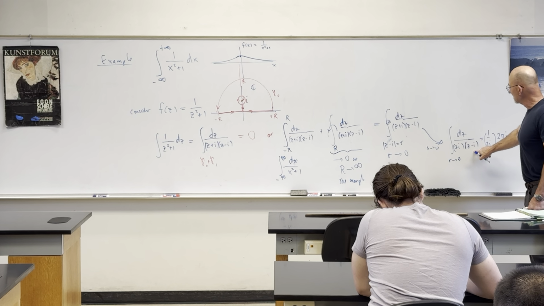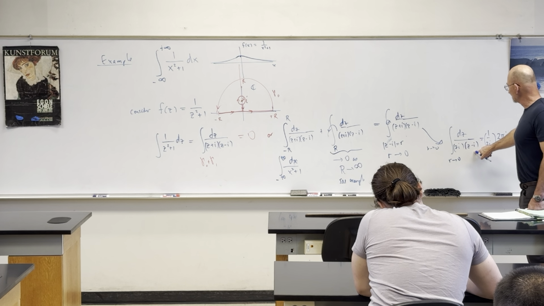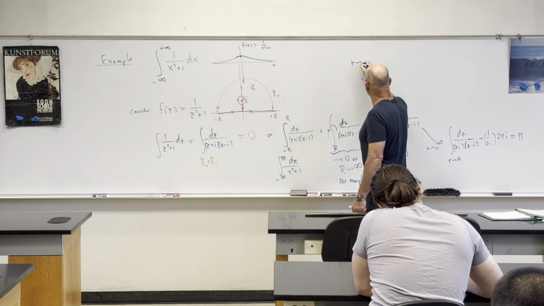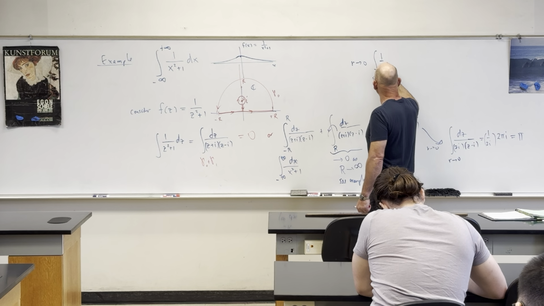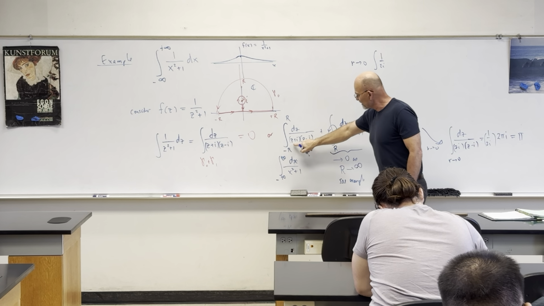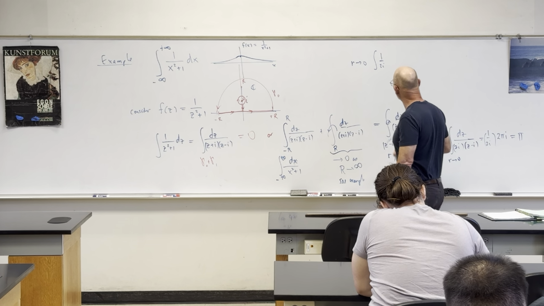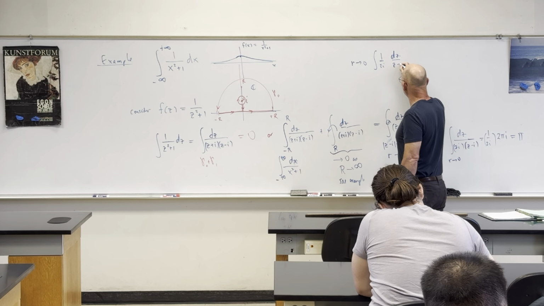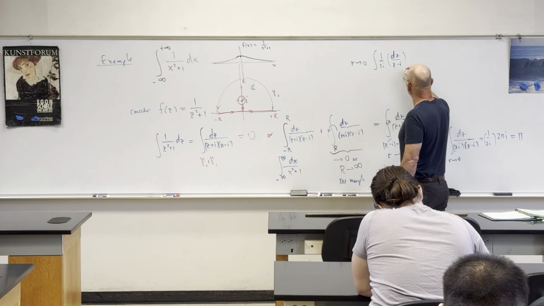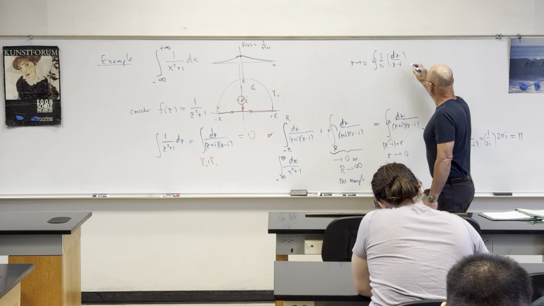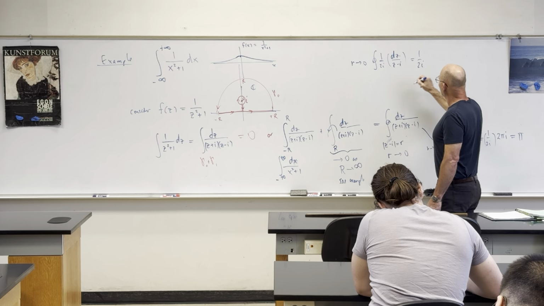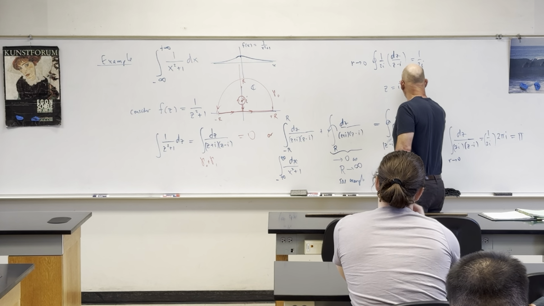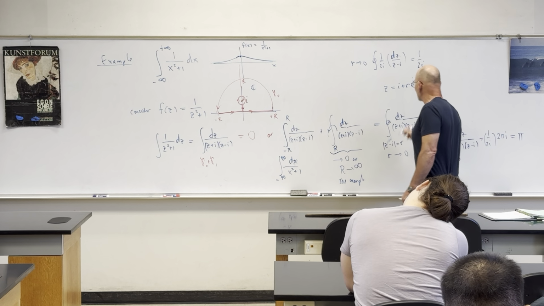So let me make sure I clear up this one here. For r going to 0, we have 1 over 2I, because z is approximately I, but we still have this dz over z minus I. So we've got the 1 over 2I, and we're just going to let z equal I plus r e to the I theta.